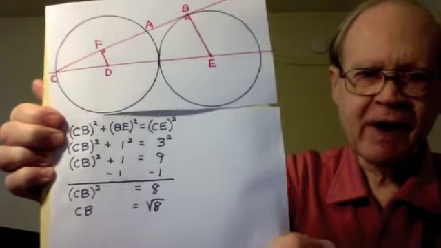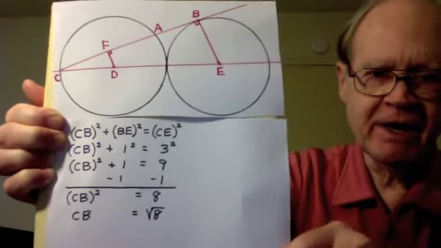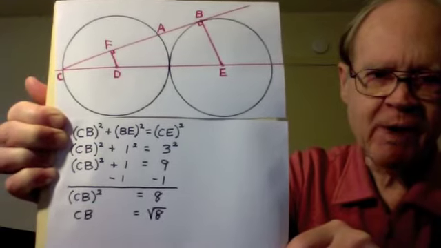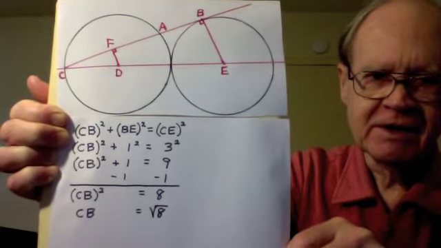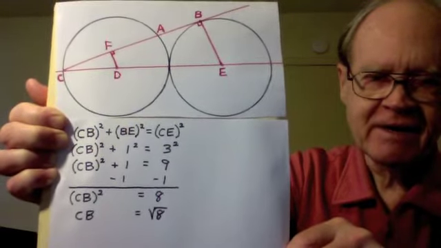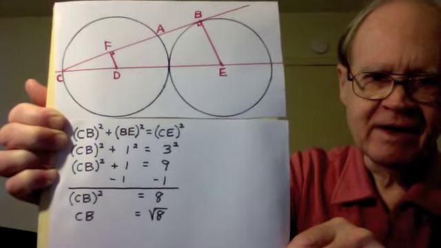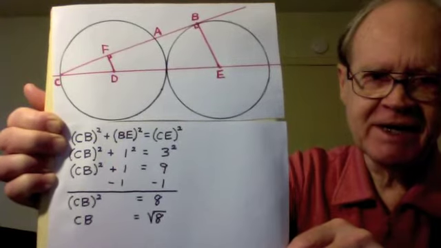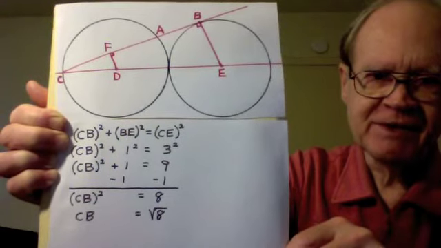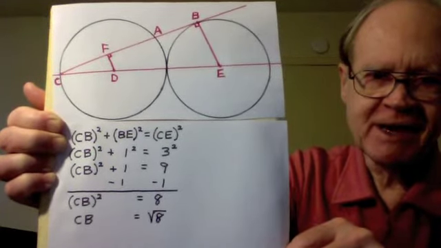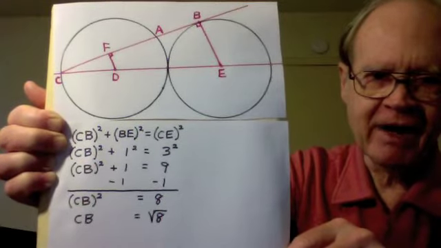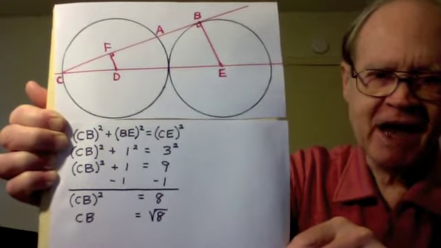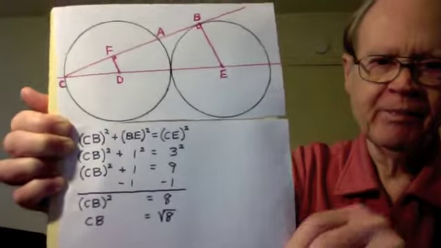Now that's using right triangle CBE. The smaller right triangle CFD shares with the larger right triangle the angle at C. That means the smaller right triangle is similar to the larger right triangle, and that means its sides are proportional.